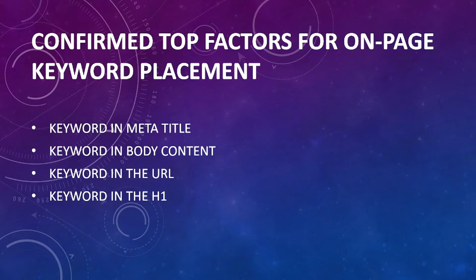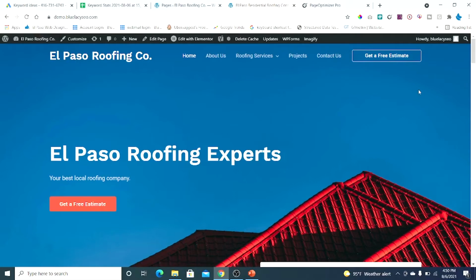The most important part is the keyword in the meta title, followed by keyword in the body content, then keyword in the URL, and keyword in the H1. So if you look at the demo website I created, it's called El Paso Roofing Company. It's a fictitious company.